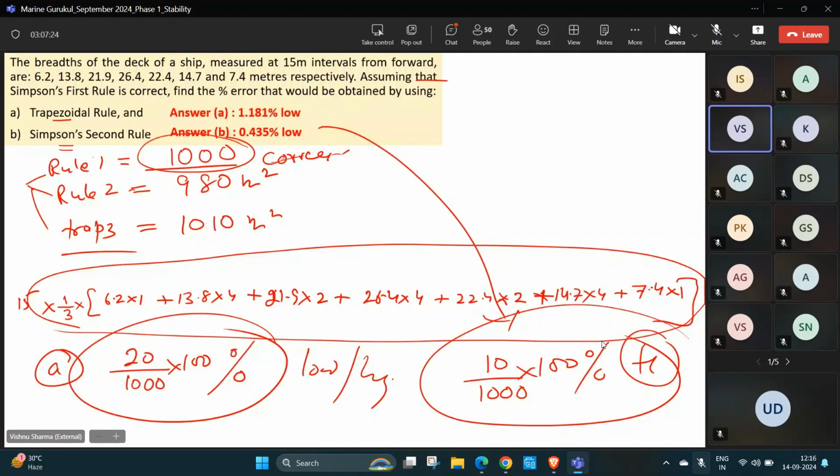So better to do it correctly and minimize the risks and such exposures, and that's why I've covered these two questions also. Otherwise, technically, they have nothing to do with Simpson's rules. Is that clear, beta? Okay. Yes.